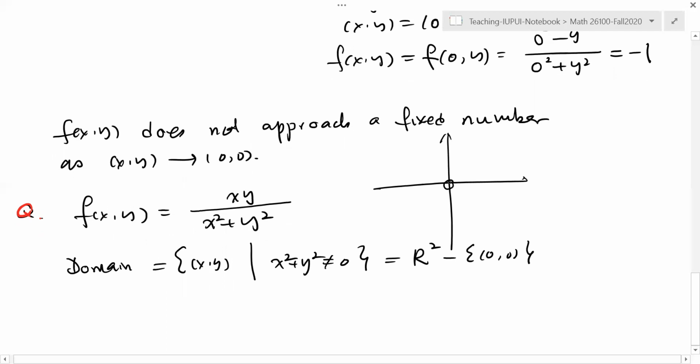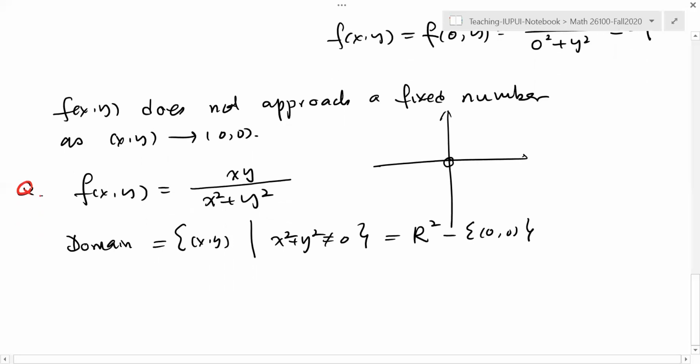But you still can talk about the limit at a point. This is a point P, here's a point Q, and you can still talk about the limit as Q approaches P. But I guess this one does not have a limit, because applying different approaches, I think you're going to get different values.